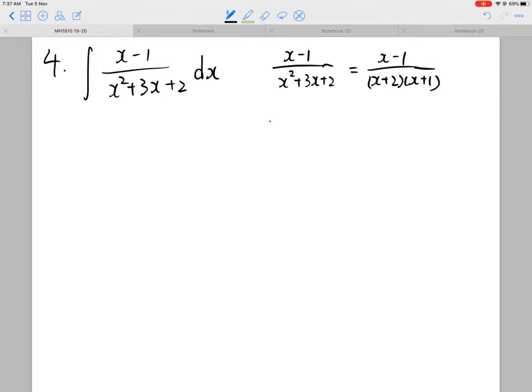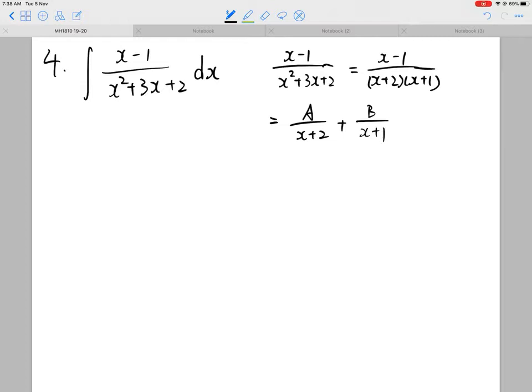Right? So we can rewrite it as A over x plus 2 plus some B over x plus 1.